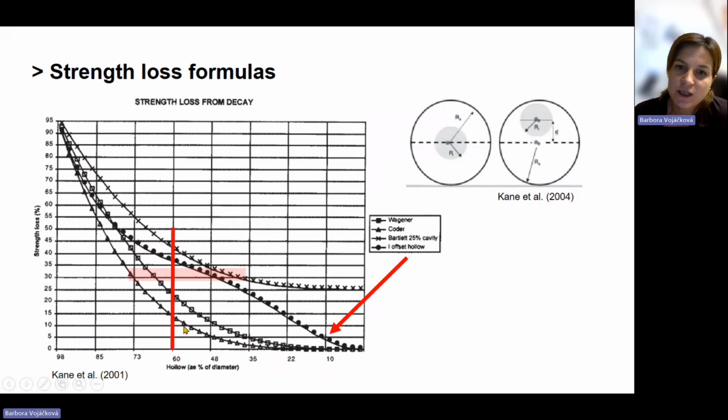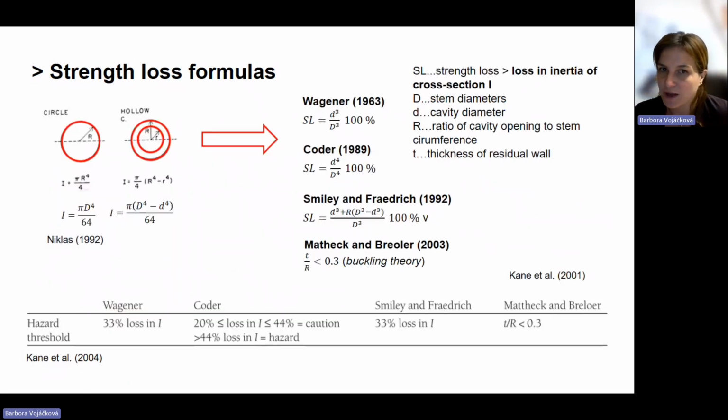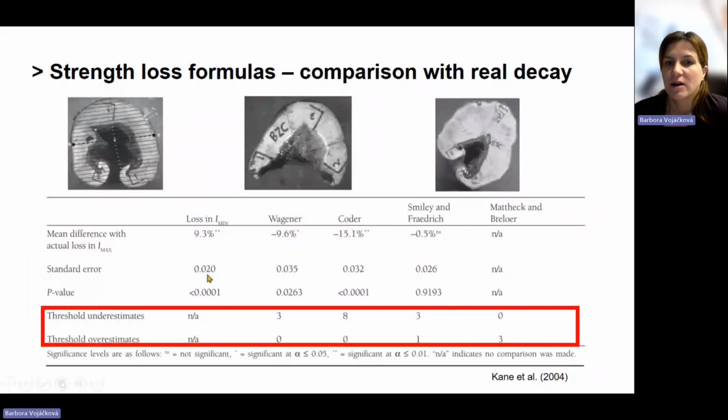According to Coder, it's still safe, but when the cavity is offset, not in the center of the stem, the tree can be dangerous, because in this case the neutral axis is moving and the moment of inertia is computed in a different way. So this is the general conclusion from the work of Kane.